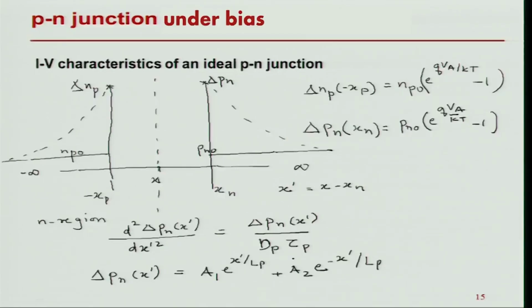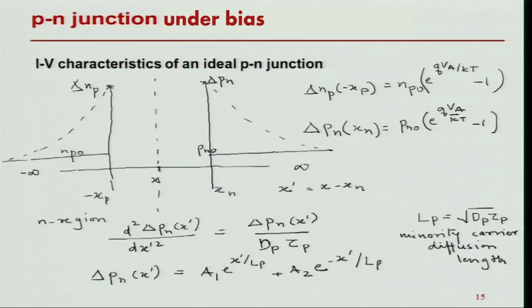Here we have used the minority carrier parameters, diffusion constant and lifetime, and used the minority carrier diffusion length, which is given by the square root of the diffusion constant times the lifetime. This is known as the minority carrier diffusion length. So, we apply the boundary conditions and see what solution we will get, in the next lecture.